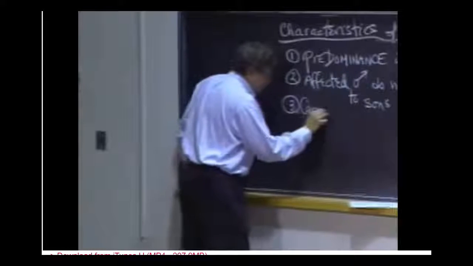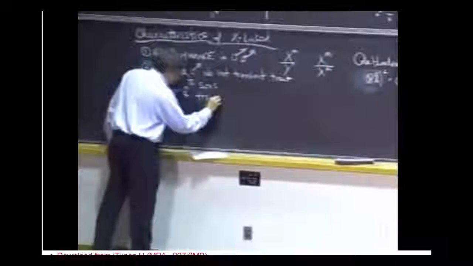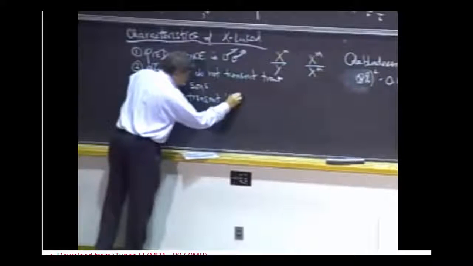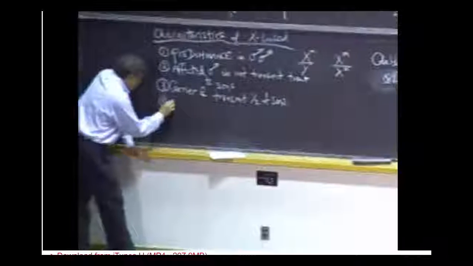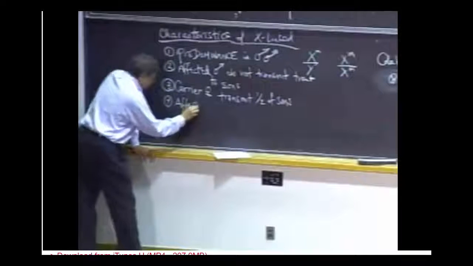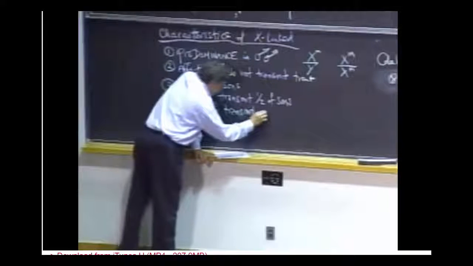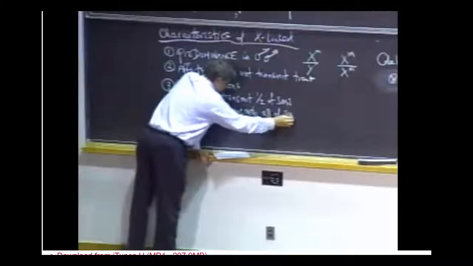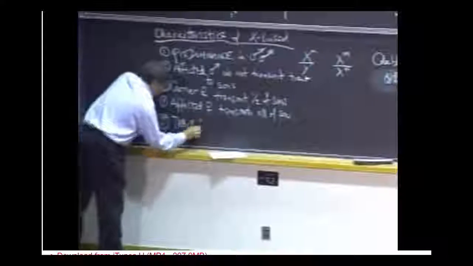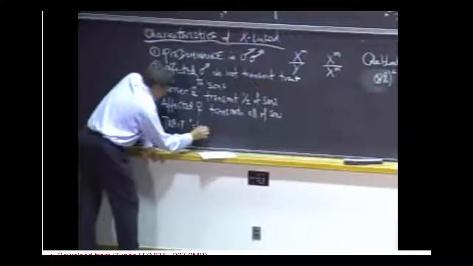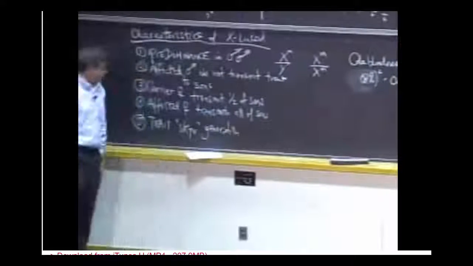Carrier females transmit to half of their sons, and affected females transmit to all of their sons. And the trait appears to skip generations, although I don't like this terminology. It skips generations because of that. These are the kinds of properties that you have.